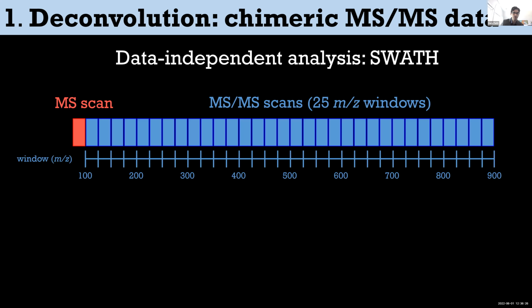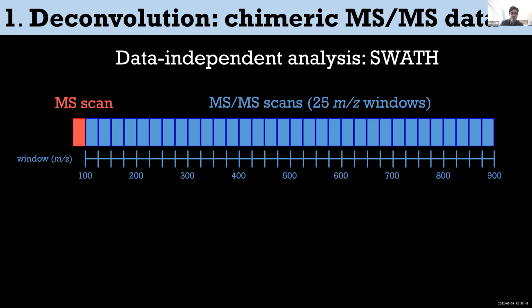This is an example of a SWATH type experiment. What I'm showing you here at the top are the scans. We start with an MS1 scan, and then you follow that MS1 scan with a series of MSMS scans. The MSMS scans are done with some mass selection with 25 m/z windows, so pretty large MSMS windows.